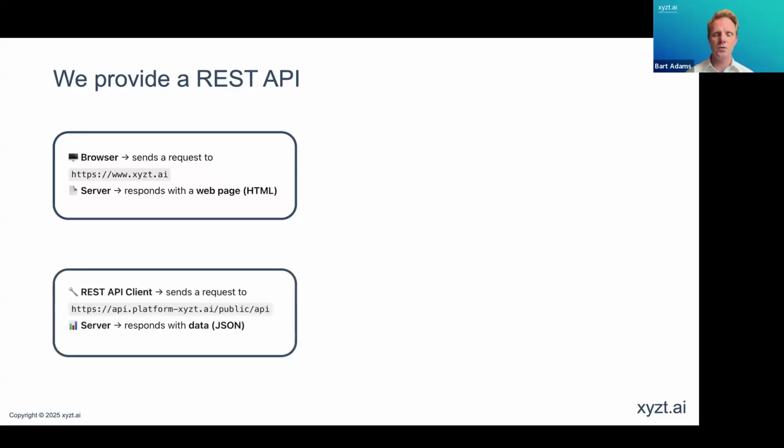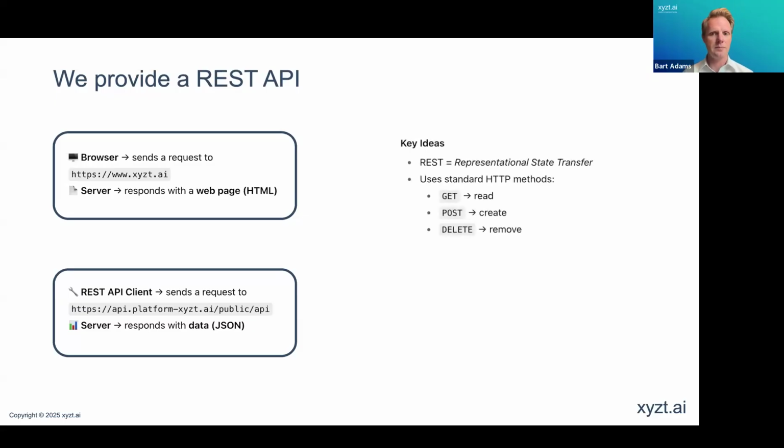You send the request to some endpoints, to some URL. In this case, it's going to be on the API URL, and you get a response. In our case, you don't get an HTML page back, but you get data back, and the data is structured in a format that is called JSON. Most of you will be familiar with that, and I will show some examples also later.